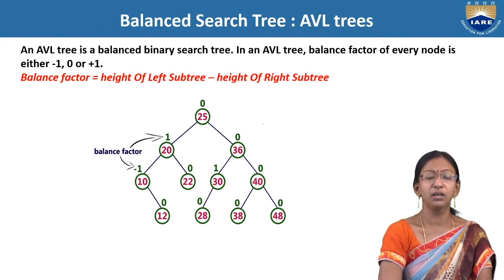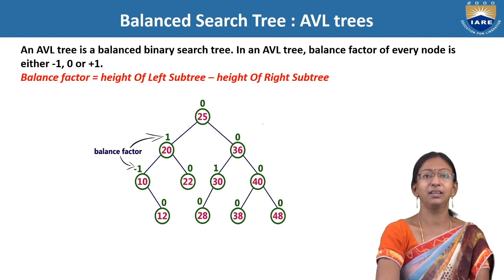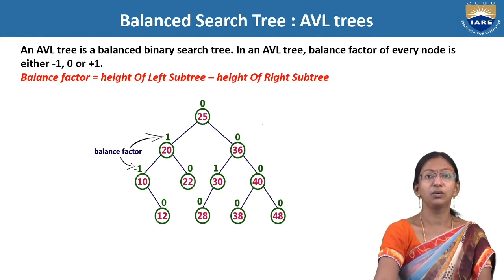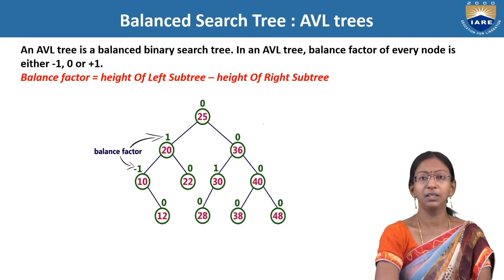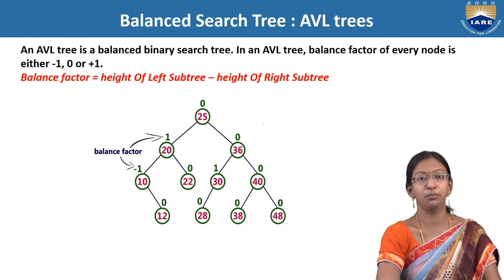Remember always, balanced binary search trees are binary search trees. They get inherited from them, so never ever miss the property of BST. Converting the data, inserting, deleting, whatever operation you want to do, don't miss that property.